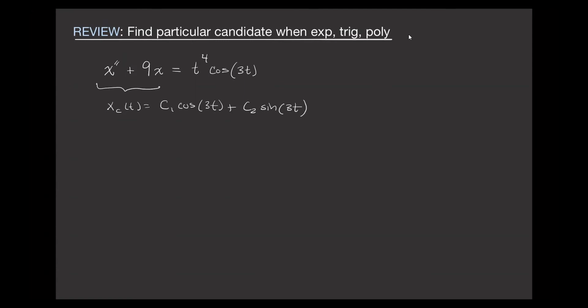Now, when you look at the complementary solution, you have a cosine 3t. When you look at this non-homogeneous part, you also have a cosine 3t. The fact that there's a t to the fourth here in some sense means that there's a pseudo repetition of cosine. And now we do a count, and we can think of there being 5 repetitions here, and 1 repetition here.